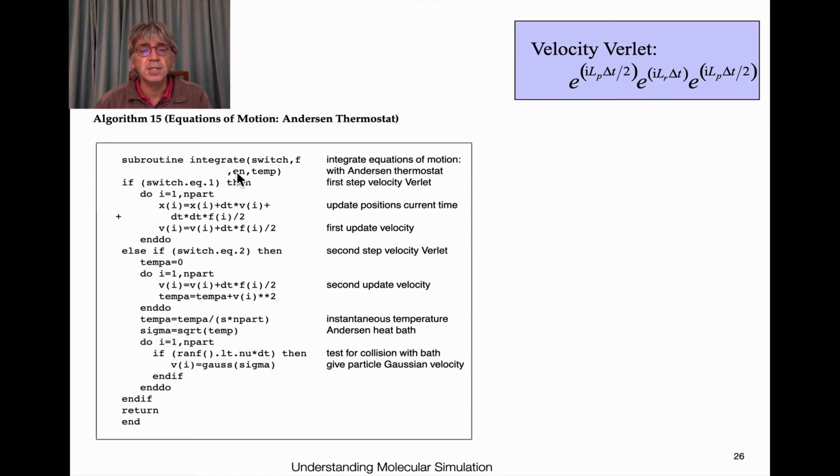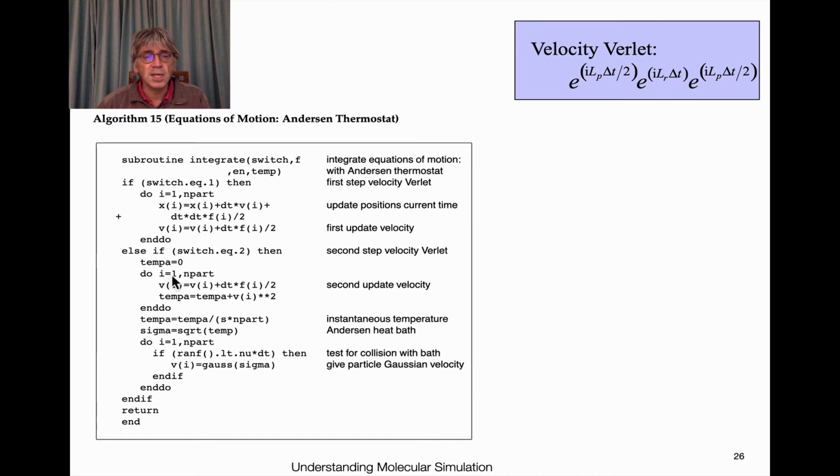Here we integrate the equations of motion. And it's interesting to see that in this particular case, we do use the velocity-Verlet algorithm as it comes out of a Trotter expansion. We have a switch here that tells what to do.